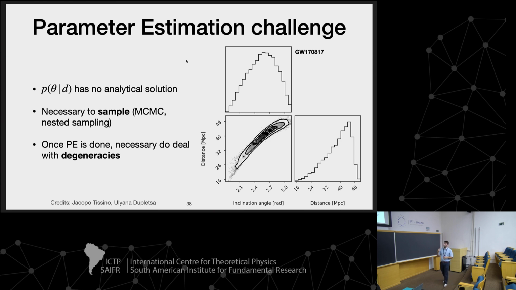For example, we can use MCMC or nested sampling, which is a more modern way of sampling a posterior probability distribution. It takes a lot of time, unfortunately, because the likelihood takes a lot. You need to evaluate the waveform, you need to evaluate an integral over frequency, and you need to do that thousands, tens of thousands of times.